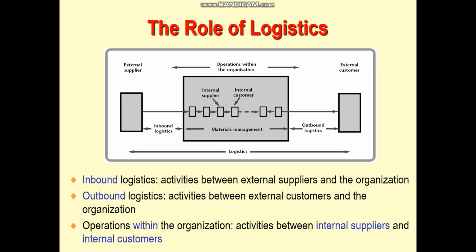So what is the role of logistics? We can look at the figure here. We have inbound logistics, outbound logistics, and the operations within the organization. Inbound logistics is the activity between the external suppliers and the organization.